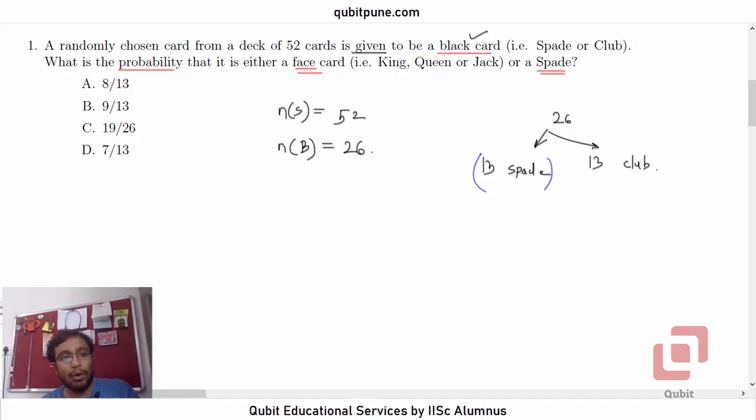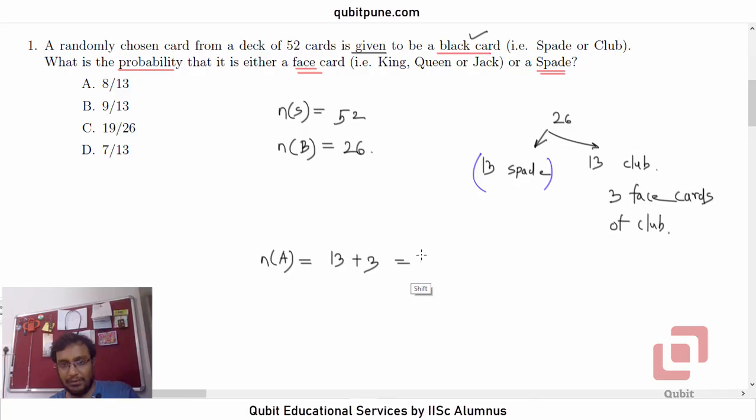What is left now is the 3 face cards of club. So if we call our event A, there will be 13 spade cards and 3 face cards of club, so there will be 16 elements in A.